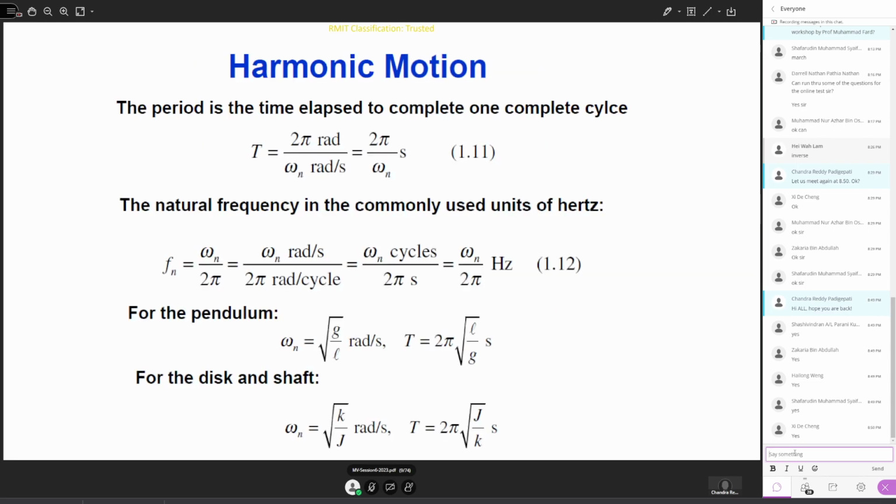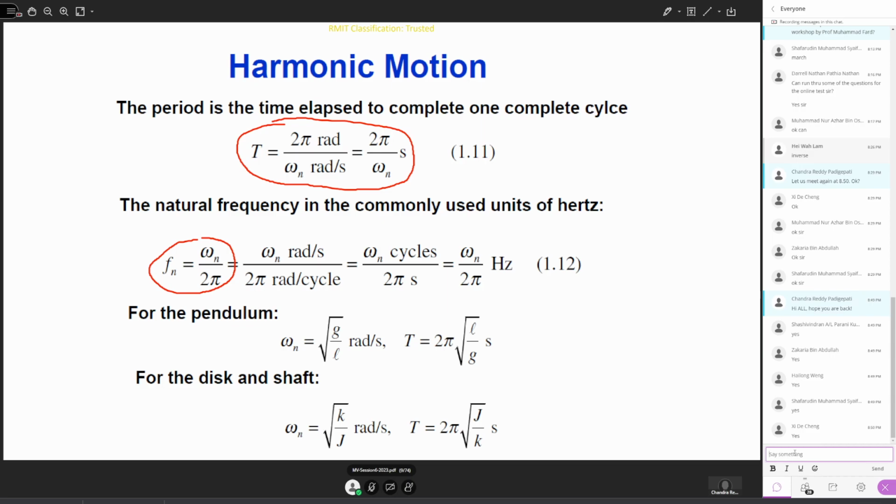Then for the first question I was referring to, you may require formulas like this. The period you can calculate as 2 pi over the radial frequency. Then the natural frequency of the system in hertz, you can write as omega n over 2 pi.